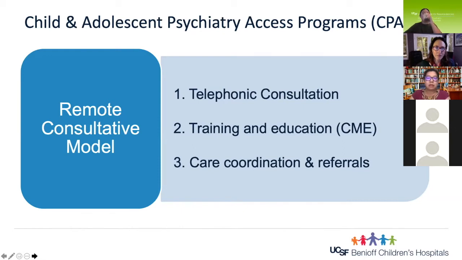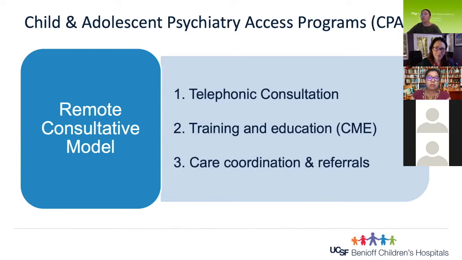The thing that we want to emphasize here is that this model is in an educational role, and we consultants are not assuming care for the patient directly. One of the first programs was in Massachusetts, and Barry Sarvet, who was the statewide director for that program, mentioned a three-pronged model for remote consultation.